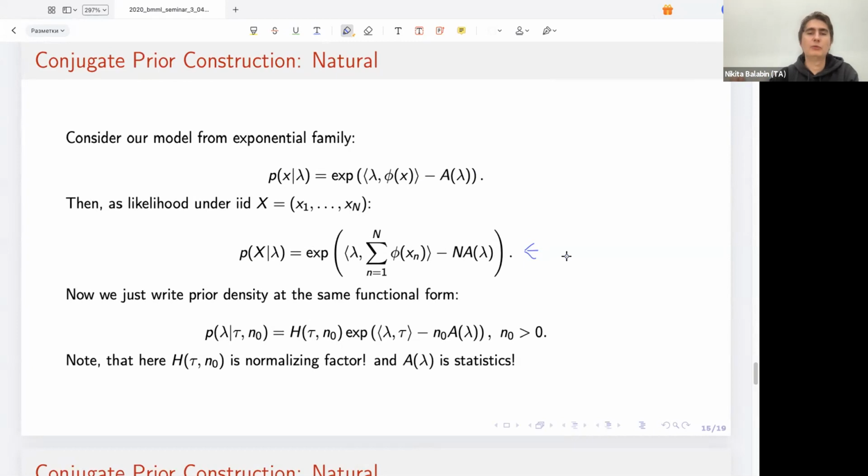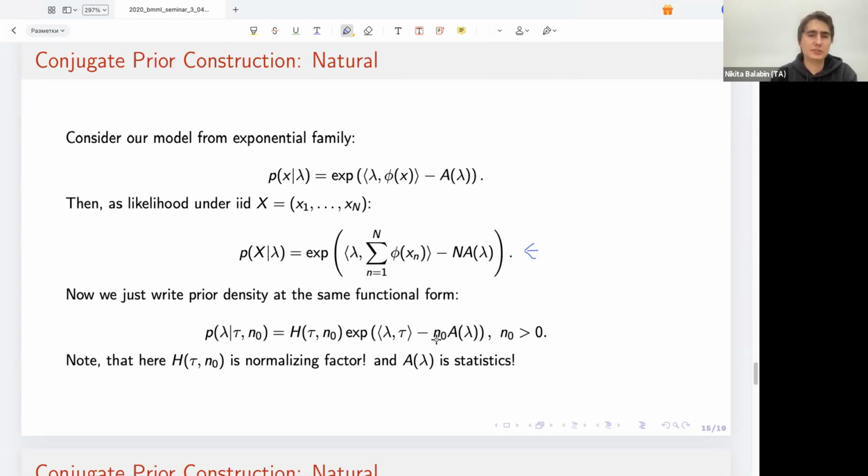And now we construct the prior in the same functional form. So we have again an exponential, we again have an inner product, but with parameters, and here we have features, but here we have hyperparameters for our prior. Here we have a normalizing constant, and here we have a normalizing constant with some coefficient.